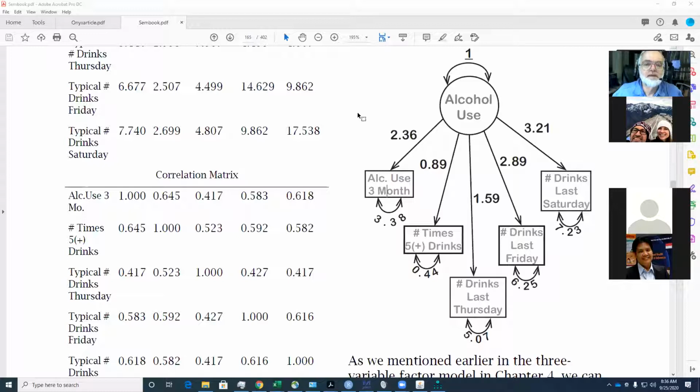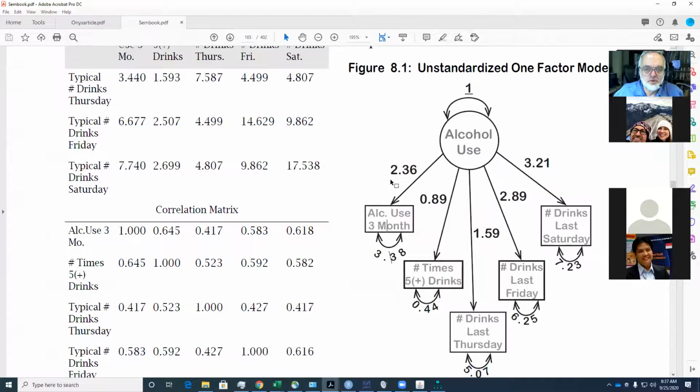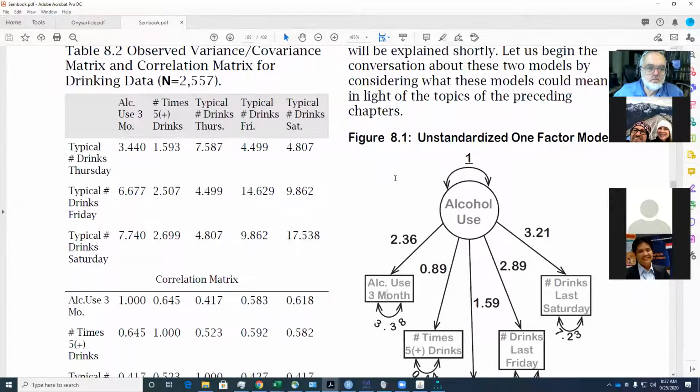Apologies, I didn't see the note. Okay. So I'm going to start out here and come back. So that's going to be 2.36 times 1 times 2.36 plus 3.38. And those numbers taken together are going to be my estimate of 3-month alcohol use.